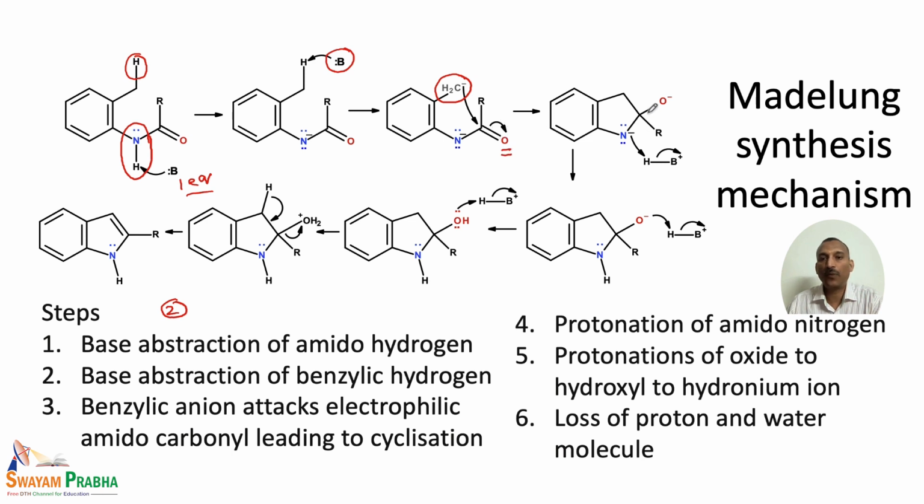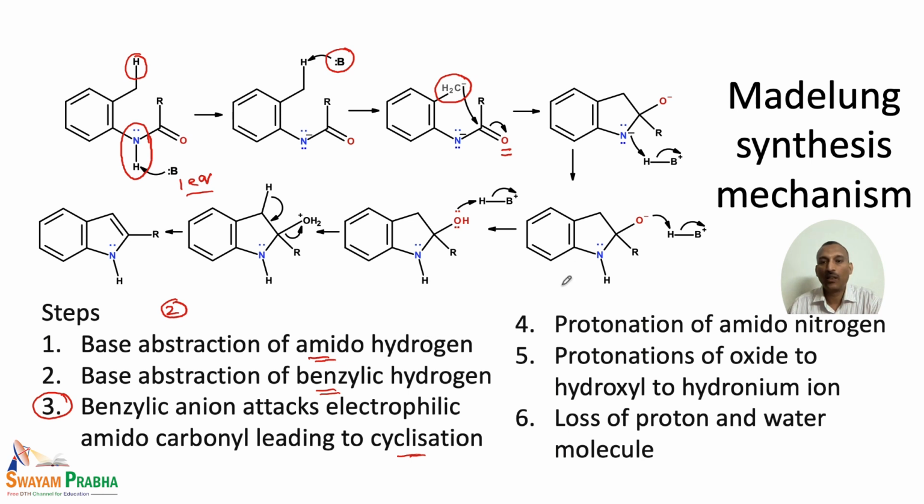So, we end up with this cyclized product. If you look at the steps, the first step is the base abstraction of the amido hydrogen. The second is the benzylic hydrogen being abstracted by the base. Then the benzylic anion attacks the electrophilic amido carbonyl, leading to the cyclization. This is the crucial step in this process.